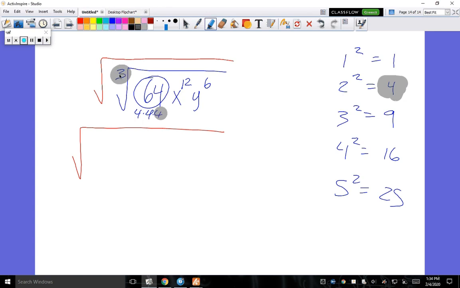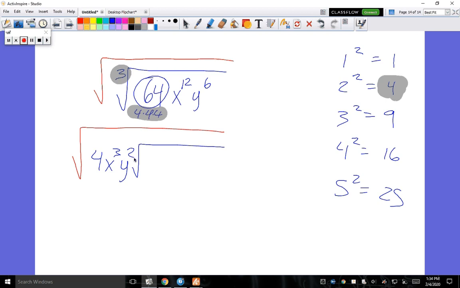Because this is a 3, what will come out? 4. Okay? How many x's will come out? 3. How many y's will come out? 2. What's left underneath the square root, the blue one?